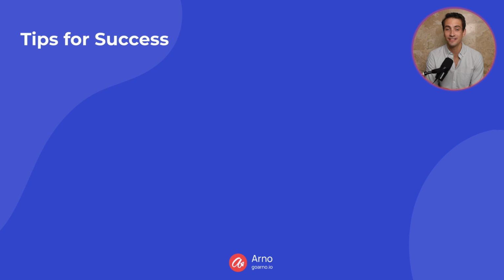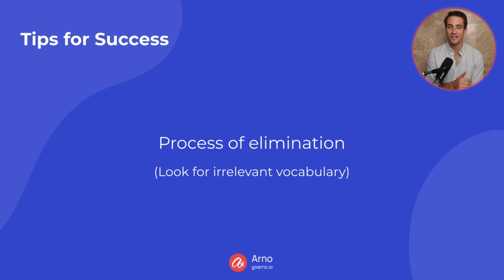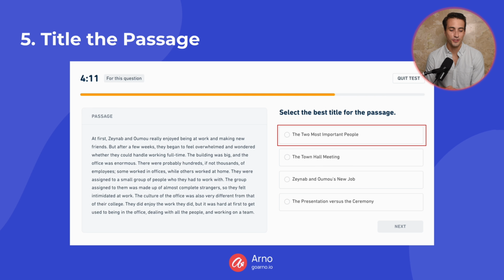Tips for success for this question, you guessed it, process of elimination, and we can use that trick of looking for irrelevant vocabulary. So, the 2 most important people. The passage talks about 2 people, Zainab and Omu, but are they important? Are they the most important people?